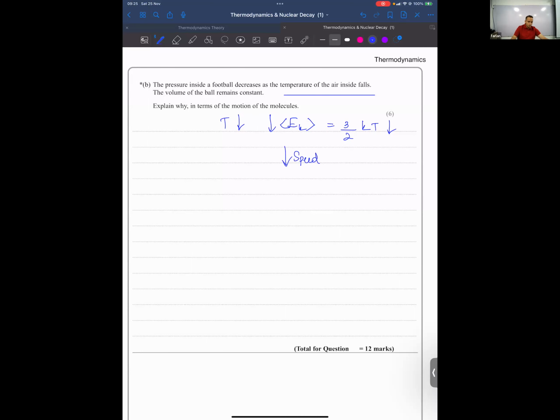So inside this ball, the molecules will be colliding with the wall less frequently. So the rate of change of momentum of these molecules will be less, which means the force exerted on the walls will be less. Pressure is the force per unit area. Force is less means the pressure is less.